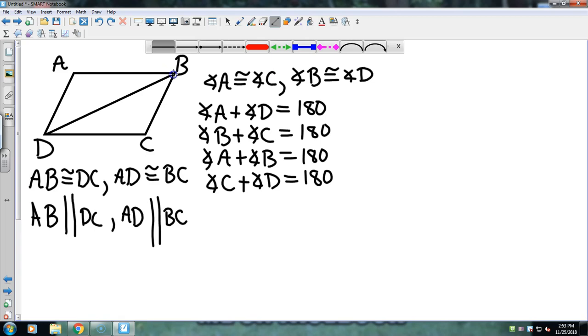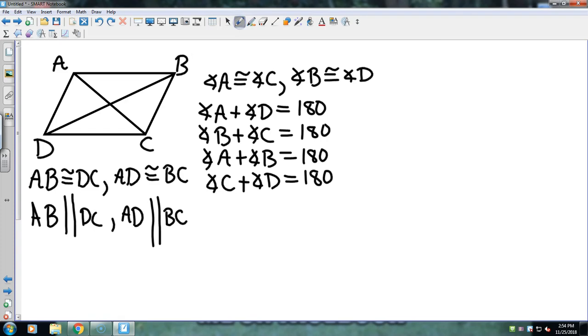We've got DB and AC. And so the diagonal relationships are these. I'm going to put an intersection point of E right there. The diagonals bisect each other.